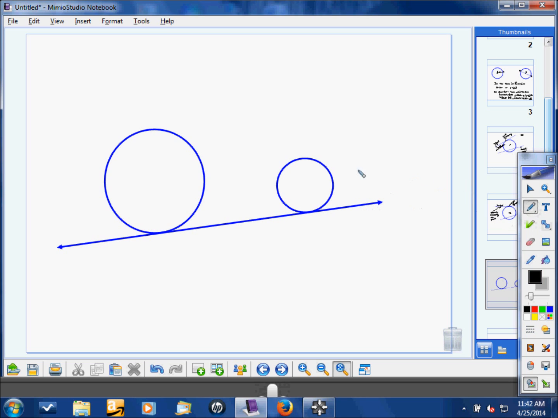So there's a point of tangency on this circle, there's a point of tangency on this circle. This is called a common tangent because it's tangent to 2 circles. But it's got another name too. This one is actually what we call a common external tangent.